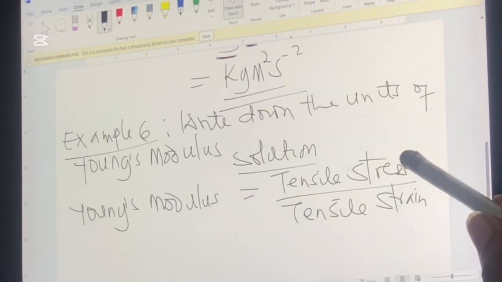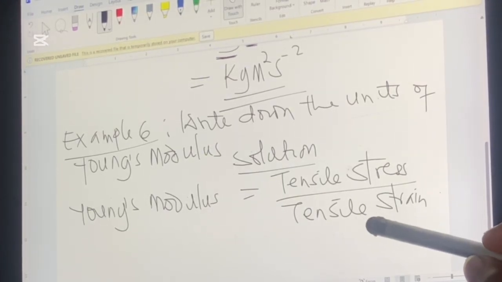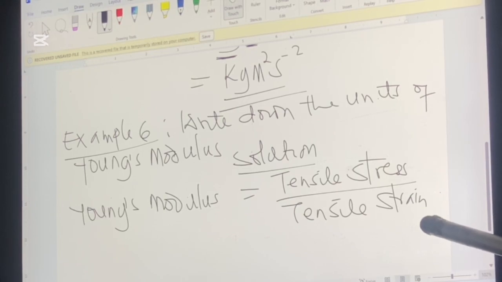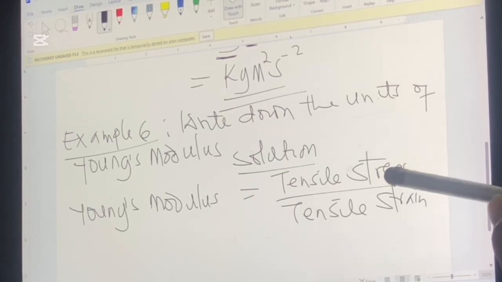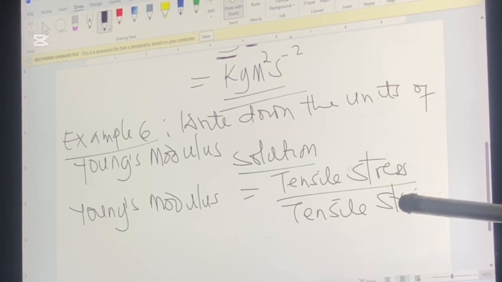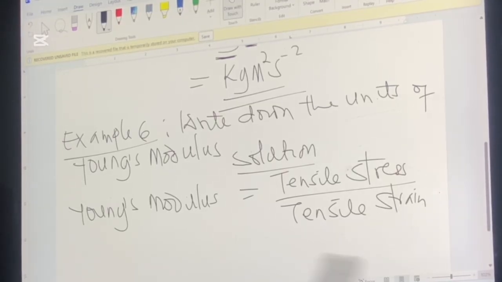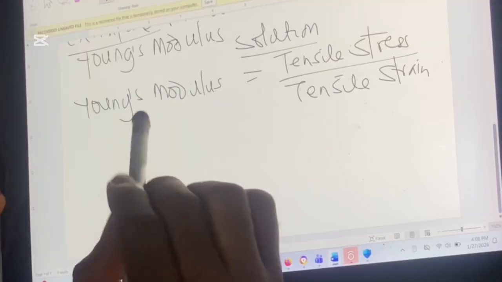Tensile stress over tensile strain. Please take note. So we have to know what tensile stress is, and we have to know what tensile strain is.